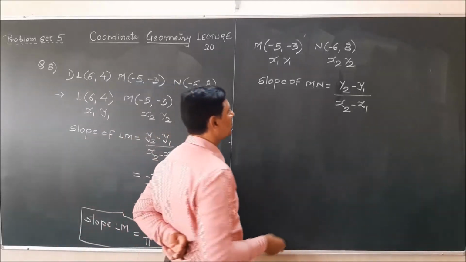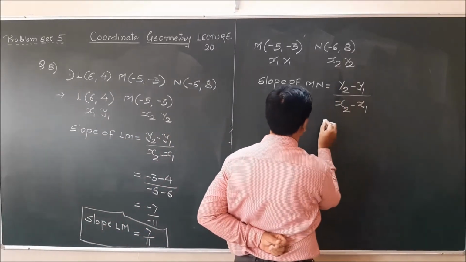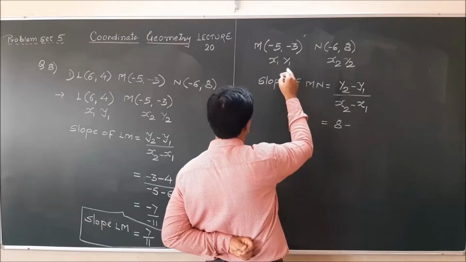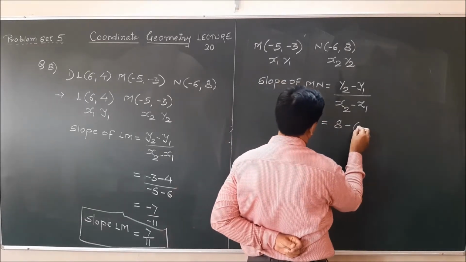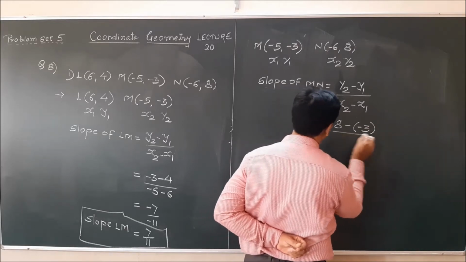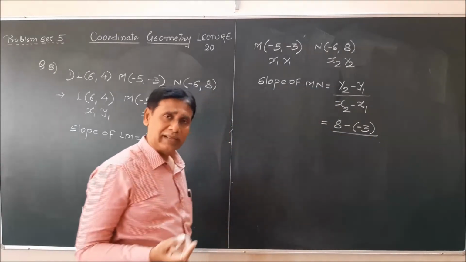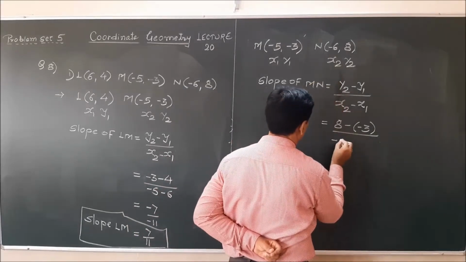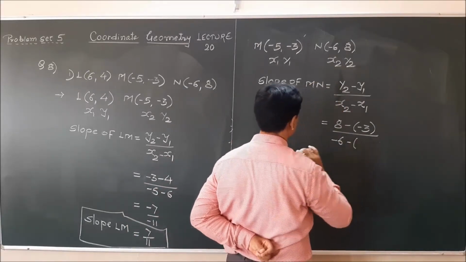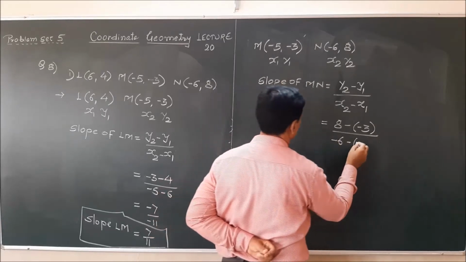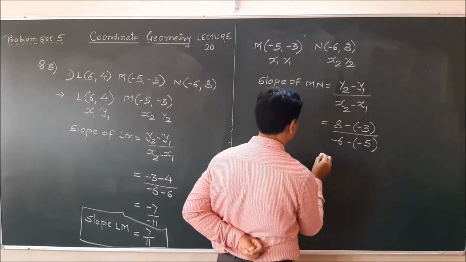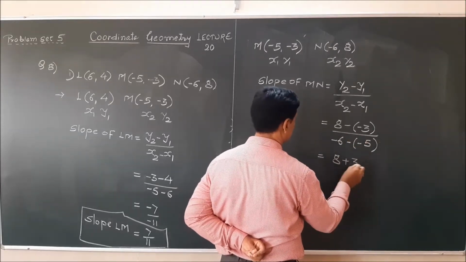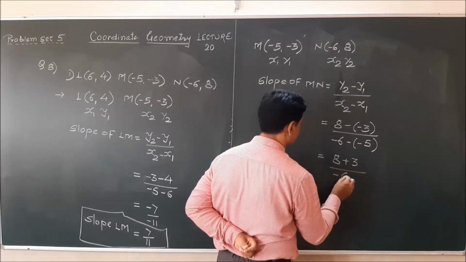Now y2, what is the value of y2? 8. So 8 minus the value of y1, be careful here again, minus of minus 3. x2 minus x1: the value of x2 is what? Minus 6. Minus 6 minus of x1, minus 5.